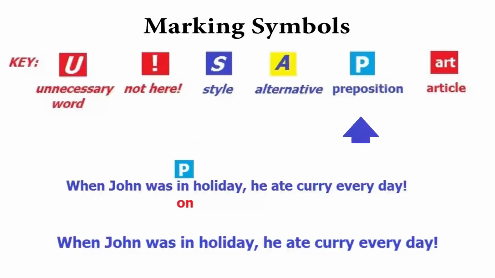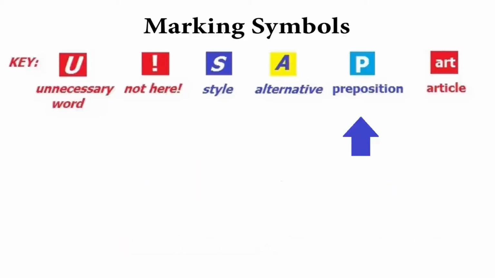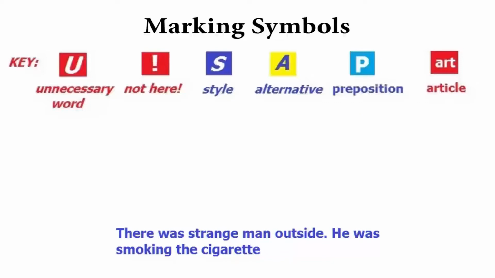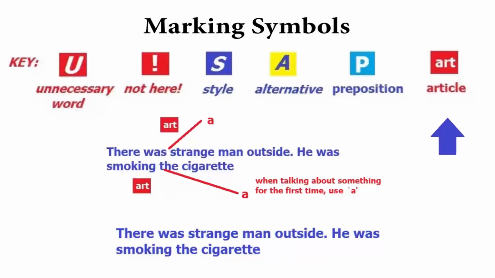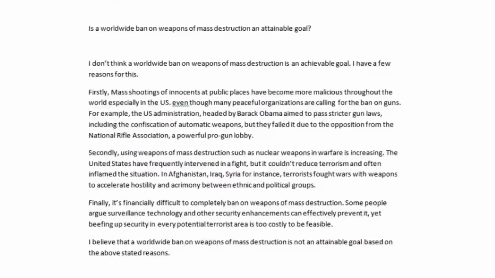Prepositions are words like in, on, at, above, under, etc. The articles: a, an, the, or zero article. Errors are extremely common.